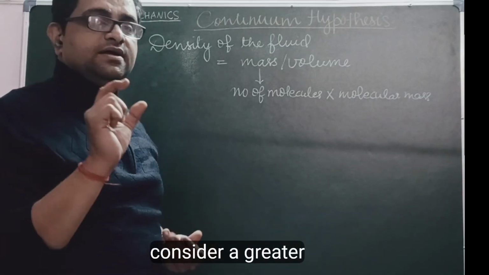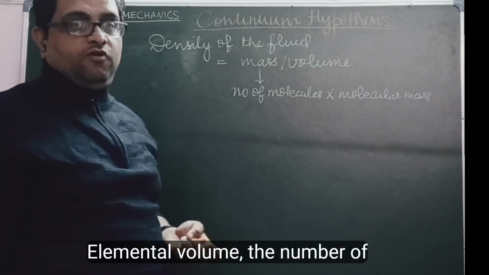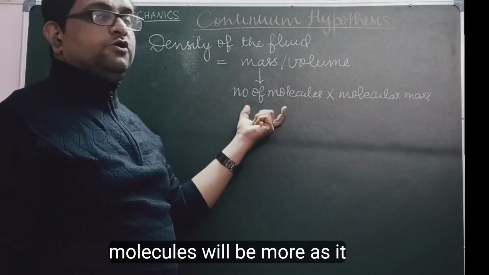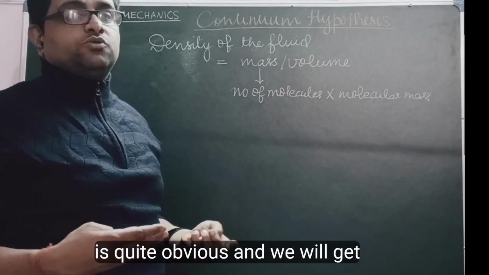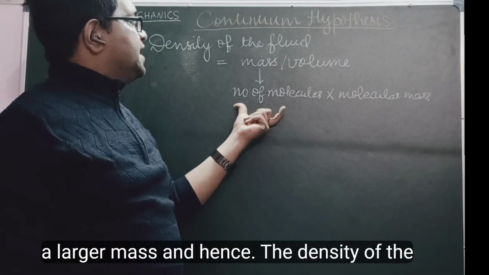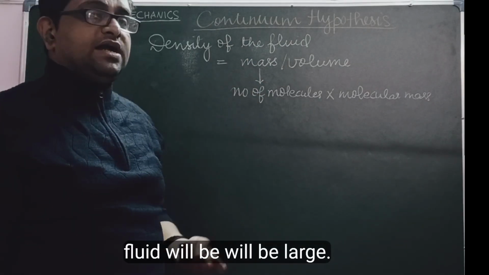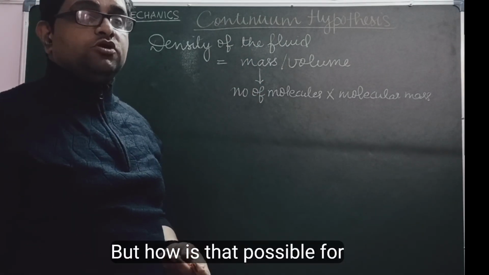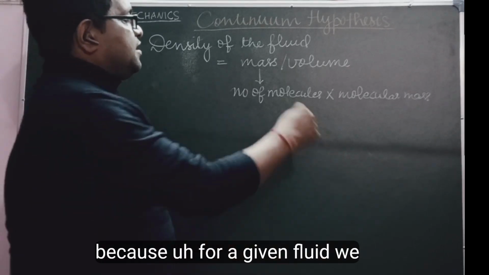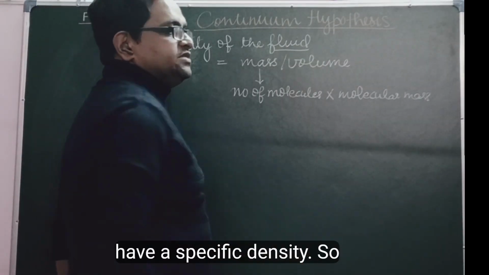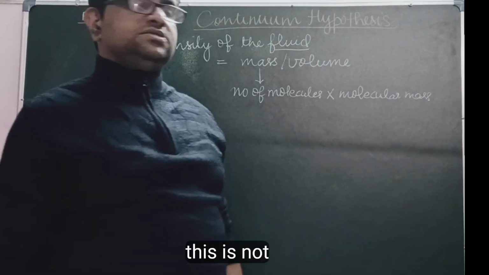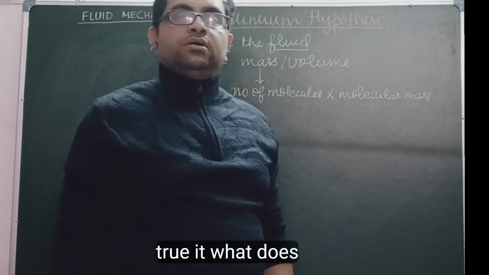If we consider a greater elemental volume, the number of molecules will be more, as is quite obvious, and we will get a larger mass and hence the density of the fluid will be large. But how is that possible? Because for a given fluid we have a specific density. So this is not true.